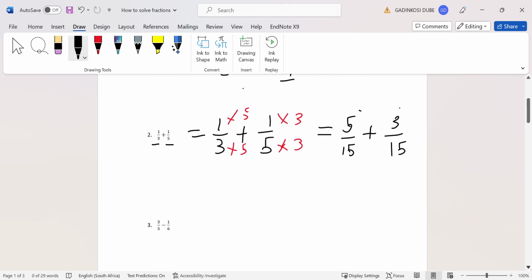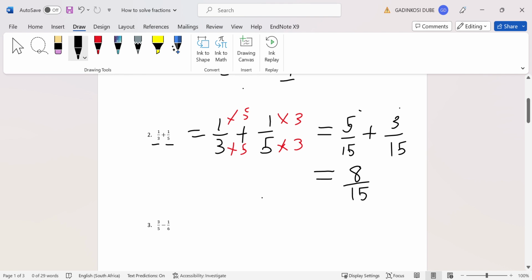That's as easy as that. So now the final step, we add the numerators, so we get 8 over 15. Now because the denominator is the same, okay, it's going to be 8 over 15. We've converted it to a proper common fraction, and then that's just addition.